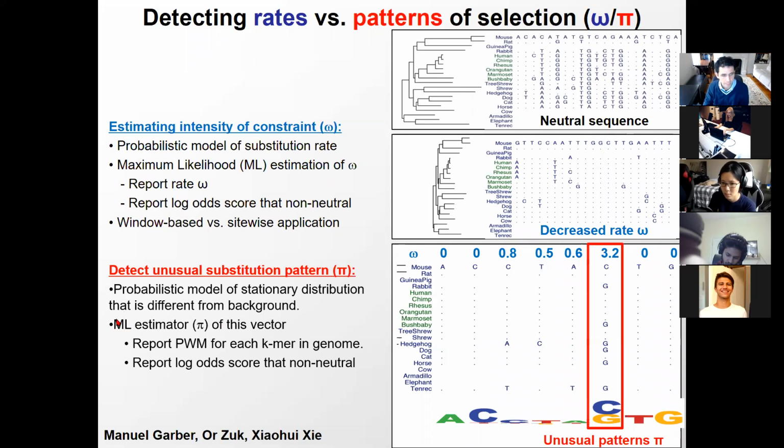We can basically build a maximum likelihood estimator of this vector of what are the nucleotides that are being constrained at that region, and then report a position weight matrix for every k-mer in the genome and the log odds that that k-mer is non-neutral. Who's with me so far on this distinction between the overall amount of change and specific patterns of change?